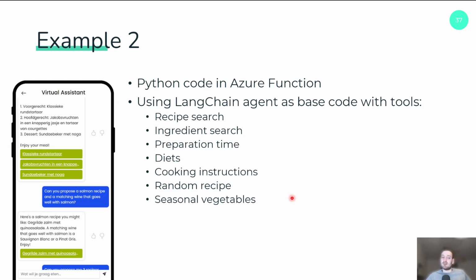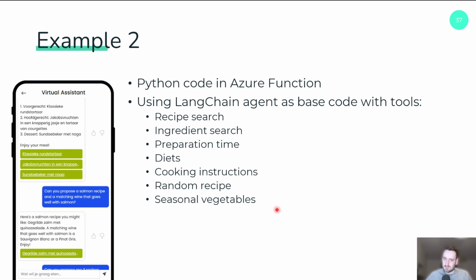For example, the user could ask, give me a recipe with the seasonal vegetables, without needing to type in the seasonal vegetables. That was available as a tool. So the agent could ask at the moment, hey, what are the seasonal vegetables right now? And then find recipes using those seasonal vegetables.